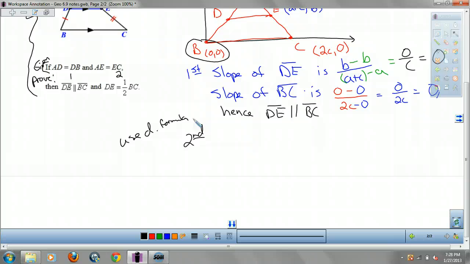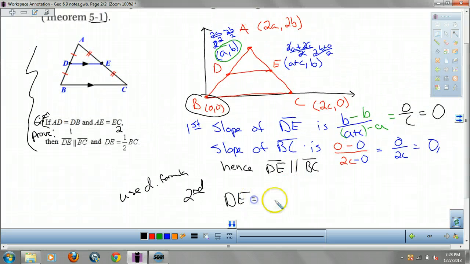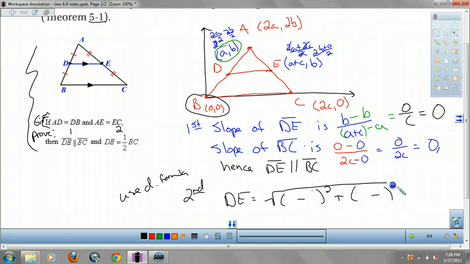Just like skiing. Okay. So first, let's find DE. Remember that formula, square root of something minus something squared plus something minus something squared. So we're doing DE.